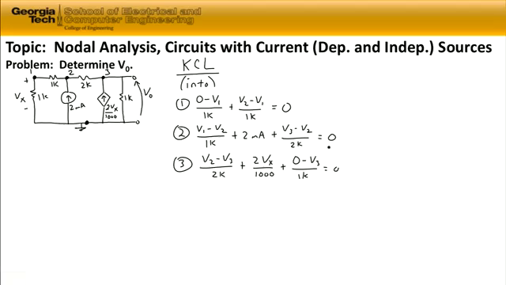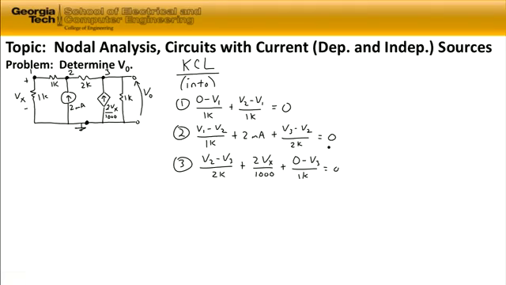If we look at these three equations, we have three equations and three unknowns. The unknowns are the nodal voltages V1, V2, and V3. Everything else is given to us, so we can solve for each one of those voltages. We also need an equation that relates V sub x to the unknown voltages V1, V2, and V3, because the dependent current source adds yet another unknown variable, V sub x.